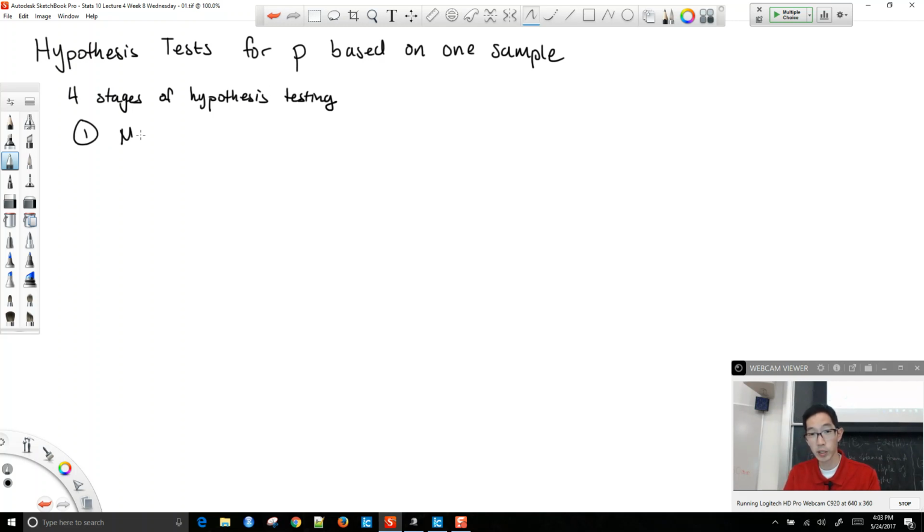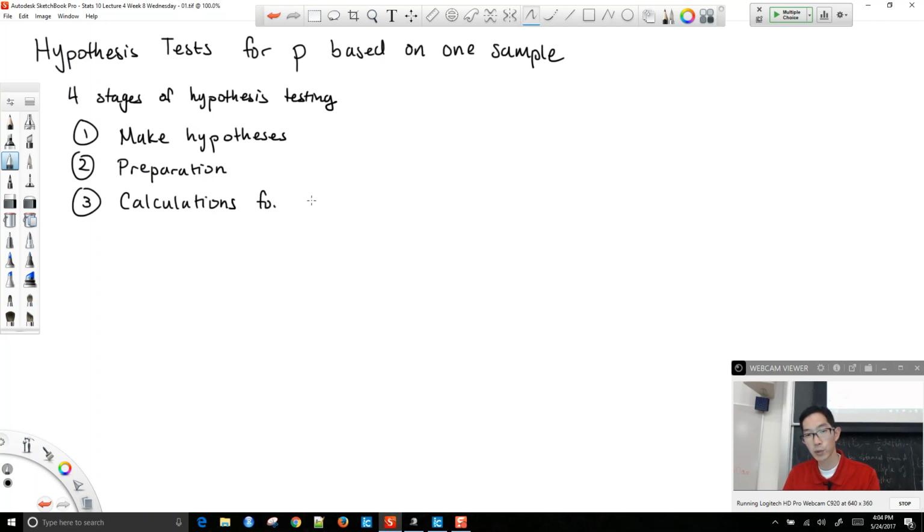One will be make hypotheses. Stage 2 will be some preparation. 3 will be calculations for a p-value. And the 4th stage will be make a conclusion.